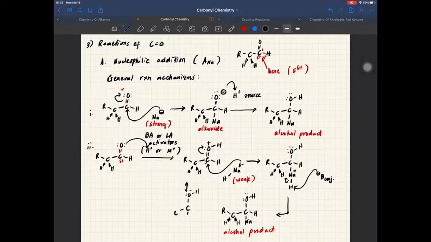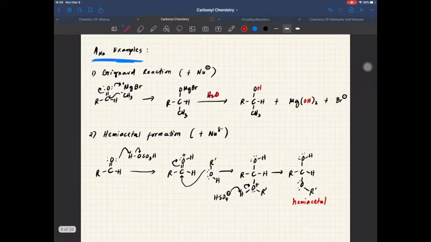So now it becomes a fully positive carbon and now a strong electrophile. Now being a strong electrophile, a weak nucleophile can attack it. The weak nucleophile attaches to it in this case, and a Bronsted base from the background will abstract the hydrogen of the nucleophile to form the final product, which is an alcohol product.